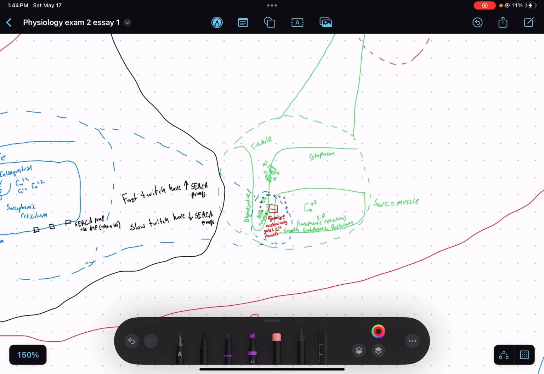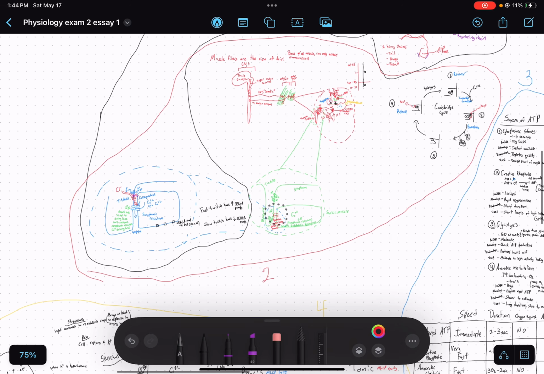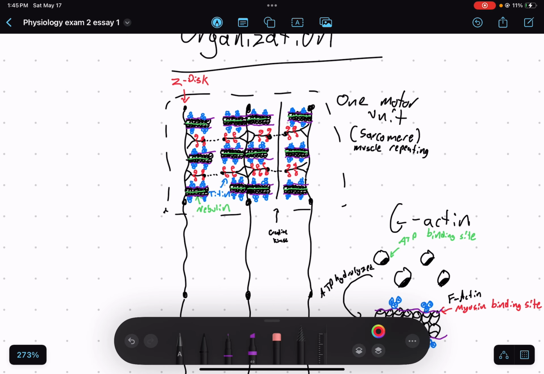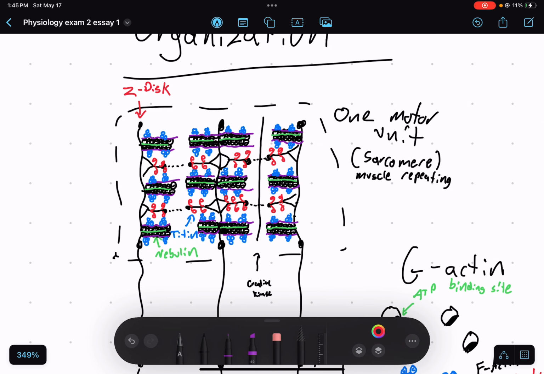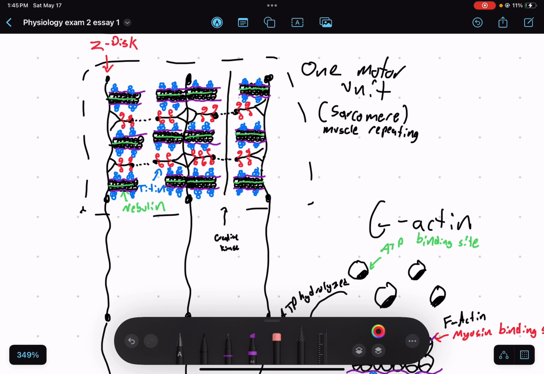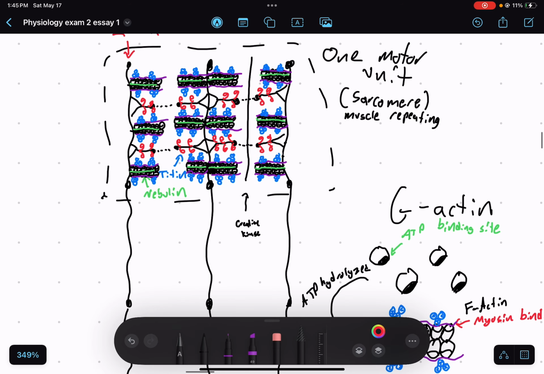Just going over some more structures. Within the sarcoplasmic reticulum, you have where your motor units are going to kick in. One motor unit consists of multiple units of the G-actin, F-actin, myosin heads, and a titin, along with the nebulin.